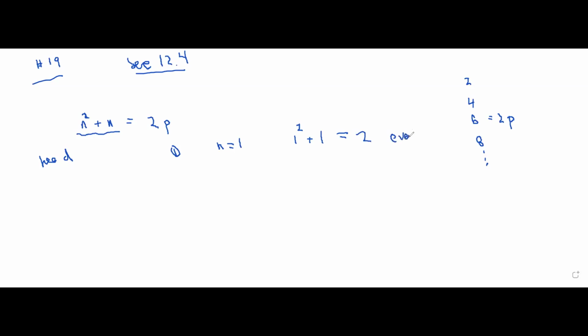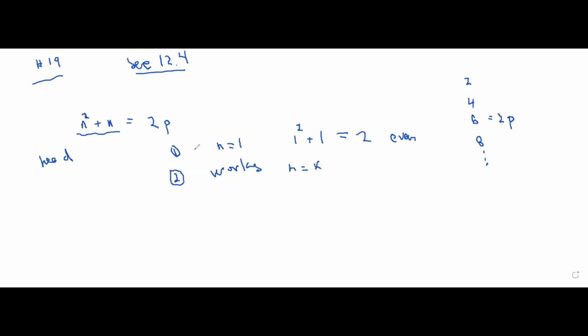Divisible by 2. So second condition: if it works for n equal to k, what does that mean?